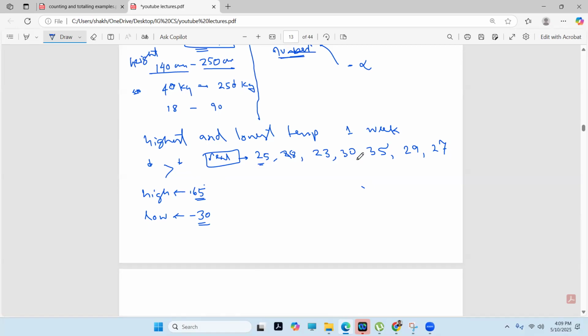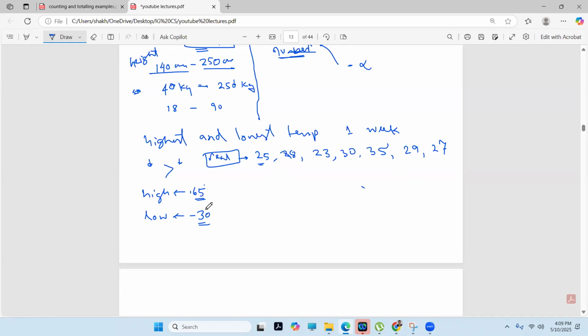It will compare with 30, still 65. 65 compared with 35, still 65 is the highest temperature. 29 compared with 65, still 65. 65 compared with 27, still 65. Then the lowest temperature -30 will compare with 25. Yes, -30 remains the lowest.